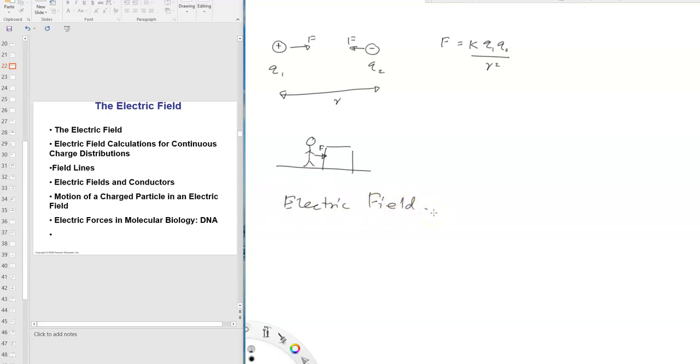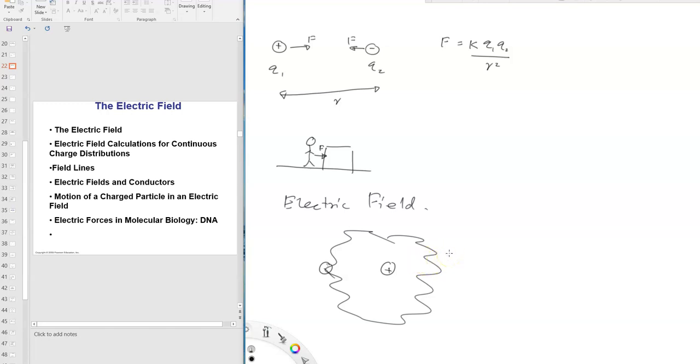So what is electric field? It is something like this, conceptually. Let's say we have a charge, charge Q, a positive charge. We say that this charge is creating an electric field around it, right?